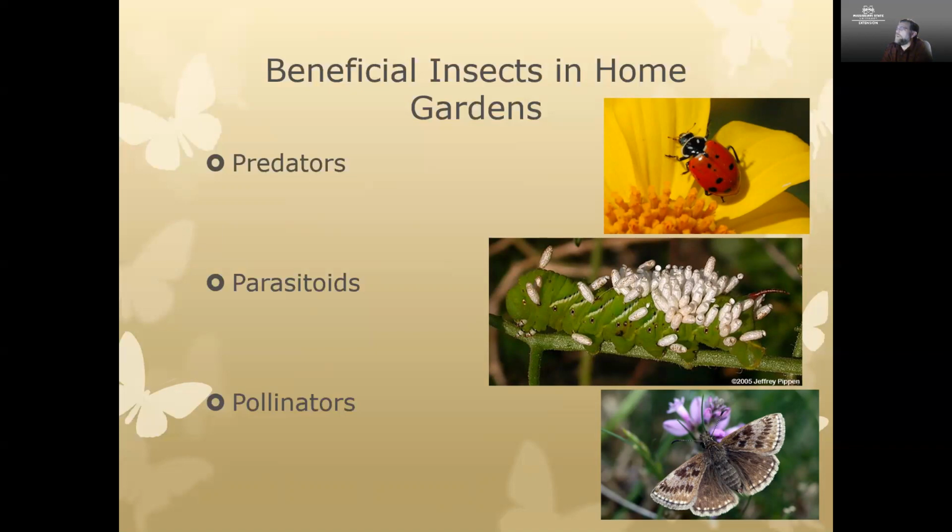We also have parasitoids, usually a range of different kinds of wasps that lay their eggs into different insect pests, caterpillars, and the eggs of some other species. Those larvae develop inside the pest, inside the caterpillar, as you can see in the picture there. Then they'll pupate and come to the outside before going off to affect other insects. Also, it's important to consider pollinators, both bee populations and different butterfly populations.